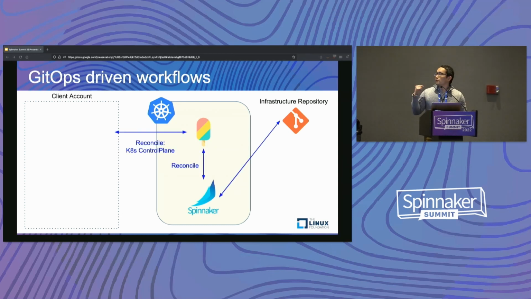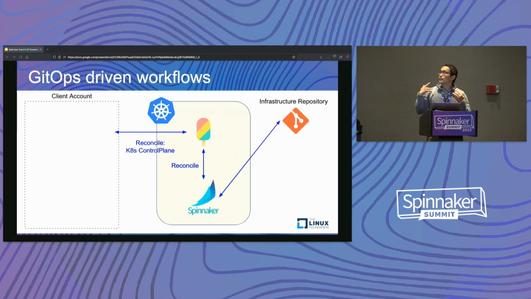So the first order of business is for Spinnaker to be able to talk to the infrastructure repository, right? The infrastructure repository manifest has to go into Spinnaker, and Spinnaker needs to be able to continuously reconcile the differences between what is actually defined in the repository and the actual state of the infrastructure.